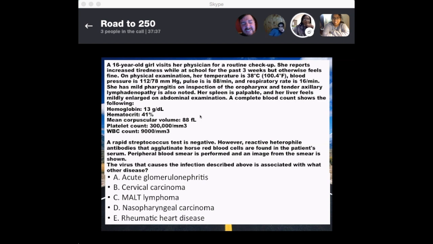So, the virus that causes the infection described above is associated with what other disease? A, acute glomerulonephritis, B, cervical carcinoma, C, MALT lymphoma, D, nasopharyngeal carcinoma, E, rheumatic heart disease. D. All right, D for dog. So, yeah, this patient has EBV, and it can also cause nasopharyngeal carcinoma.